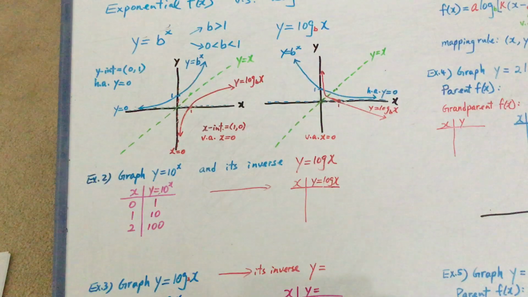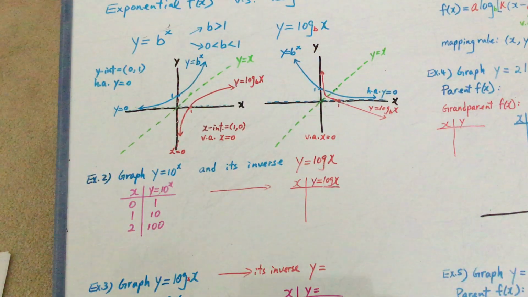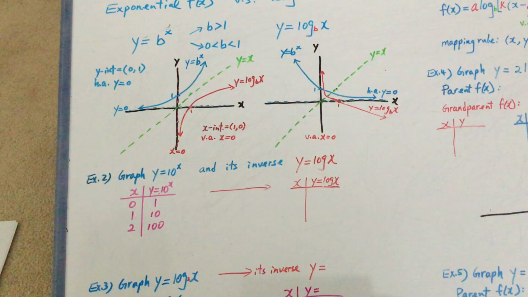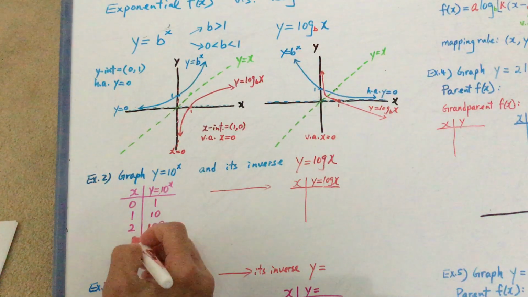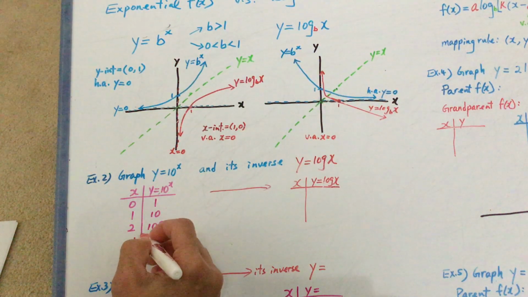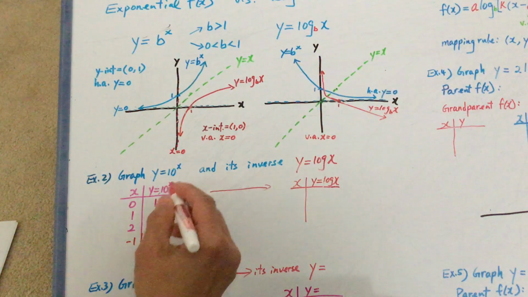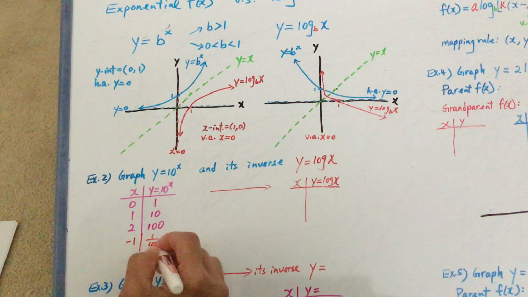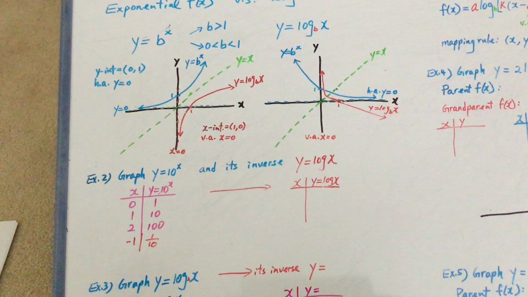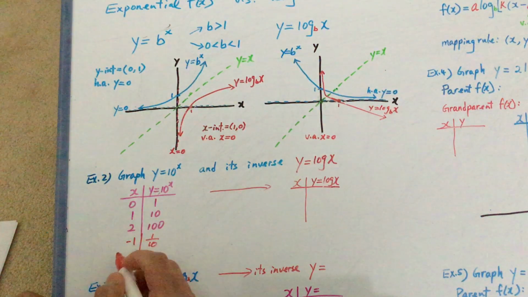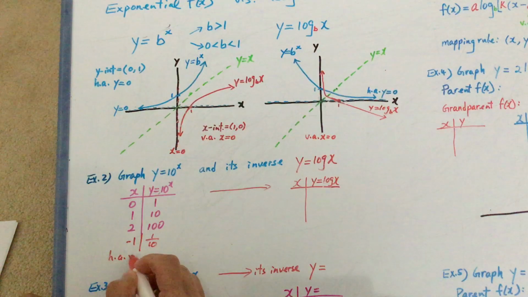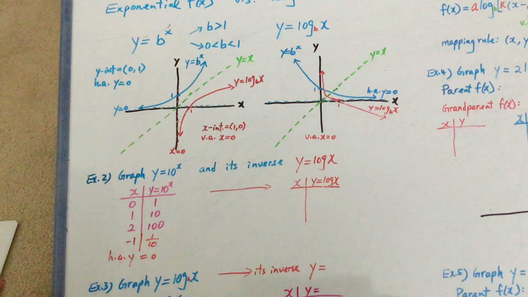So the numbers will get higher and higher because this is exponential. Or you can give yourself a negative, it doesn't matter. If you put in a -1, then y is going to be equal to 1 over 10, which is 0.1, a very small number anyway. But regardless, we don't need more than 3 key points really. Even 2, plus the horizontal asymptote, I should be able to graph this, no problem.